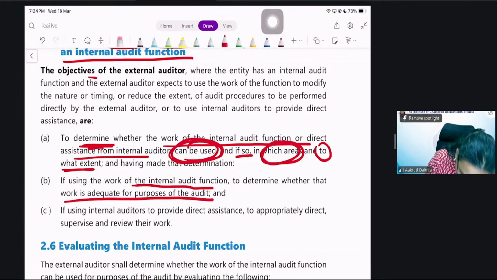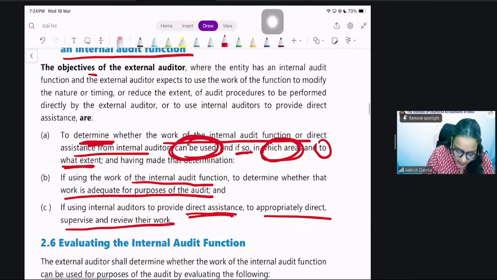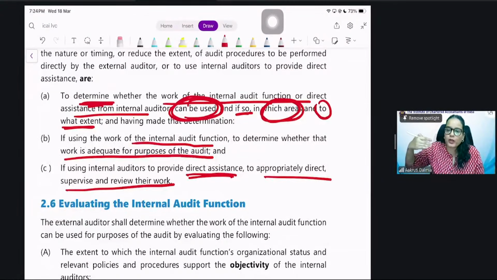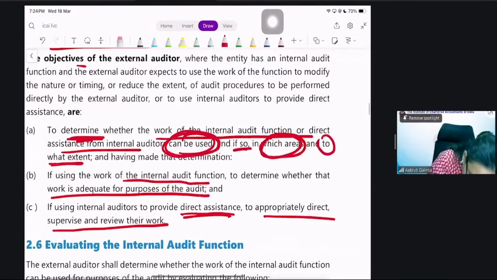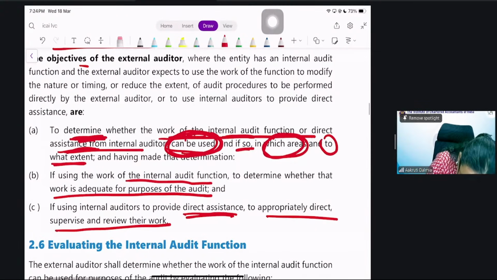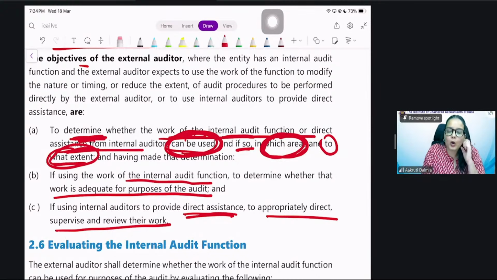If using internal auditors to provide direct assistance, appropriately direct, supervise and review the work. And this only we are going to study now, the whole audit. So if you are deciding that you want to use the work or you want to take direct assistance, first decide if you can, and if you can, in which area, and to what extent. Okay, so how can we decide that?